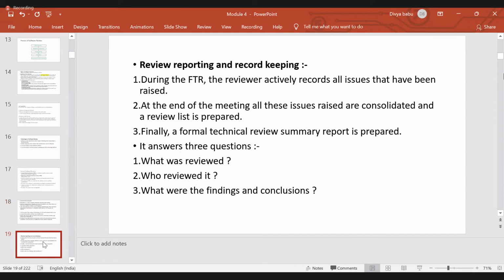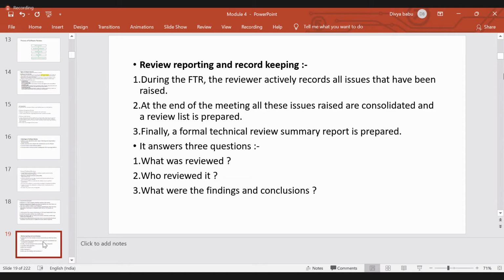Then the review report. Whatever review process you follow, you need to document it. During the FTR, the reviewers actively record all the issues that have been raised. At the end of the meeting, you should consolidate these and prepare one review list. And finally, you have to create a summary report.